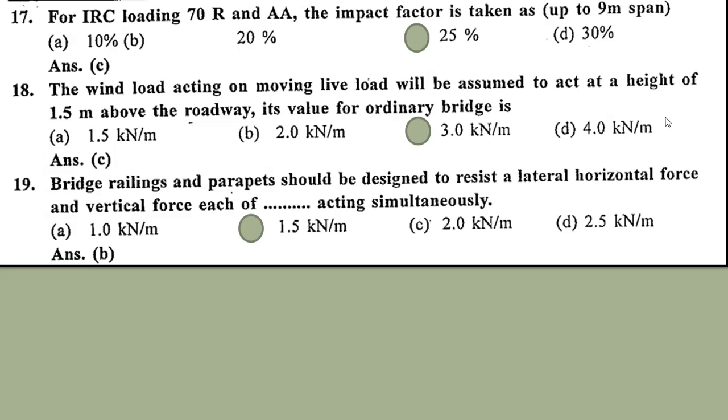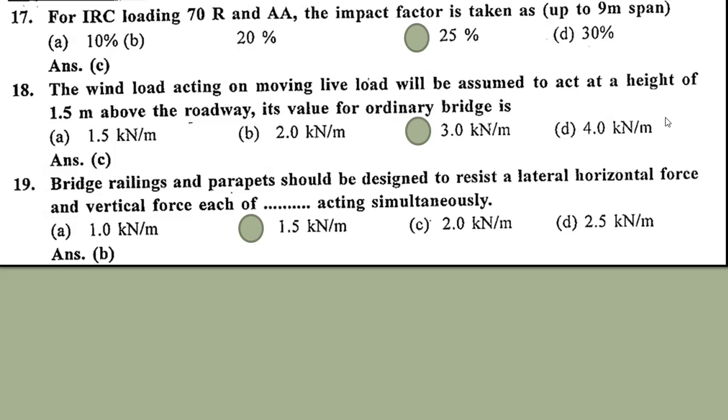Its value for ordinary bridge is 3 kN per meter. What will we assume for an ordinary bridge? We assume that the wind load acts on the moving live load.